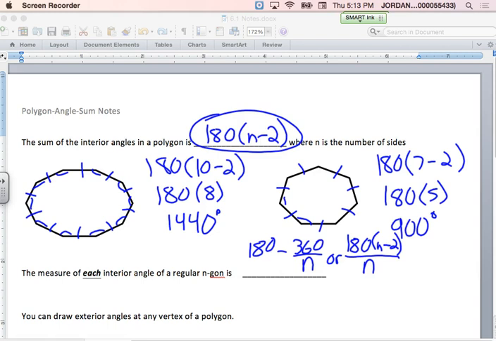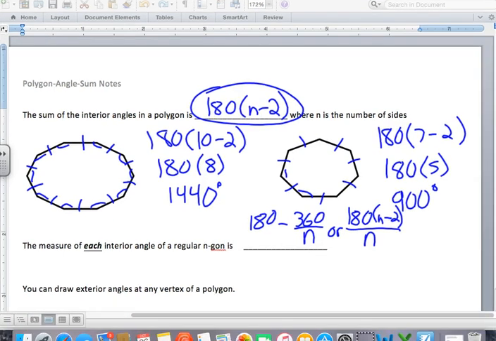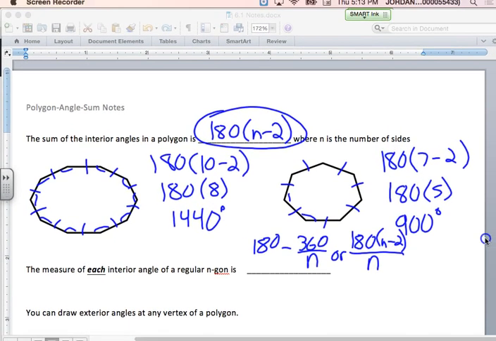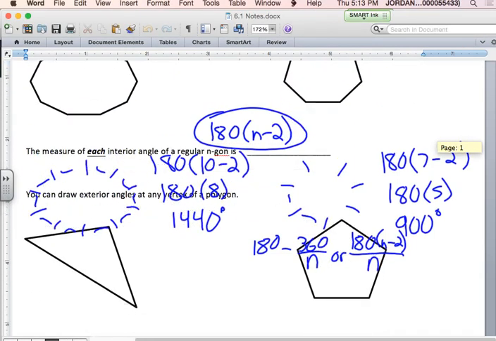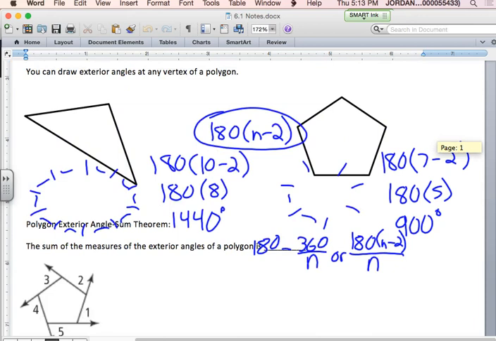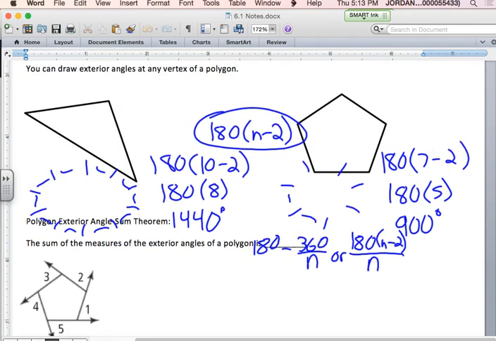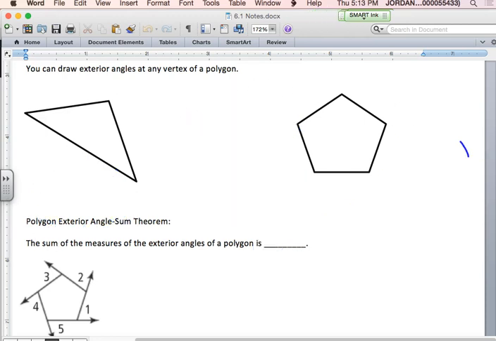Okay, so let's scroll down and look at the next thing. We're talking now about exterior angles. You can draw exterior angles at any vertex of a polygon. Here's how you draw an exterior angle: just extend a line out.